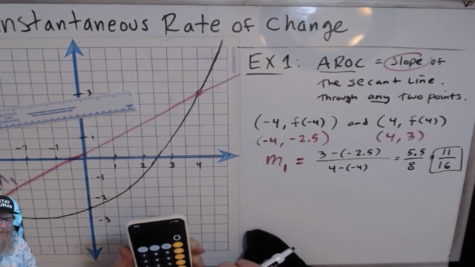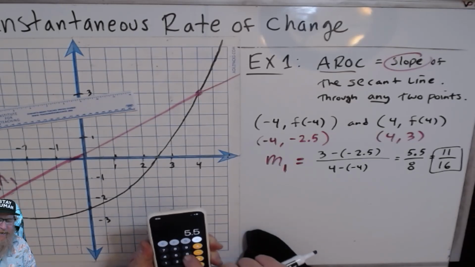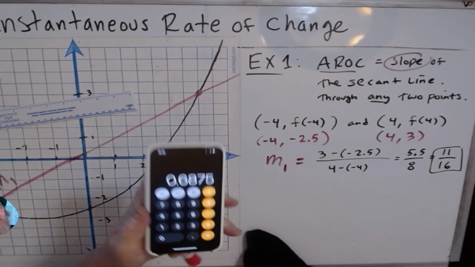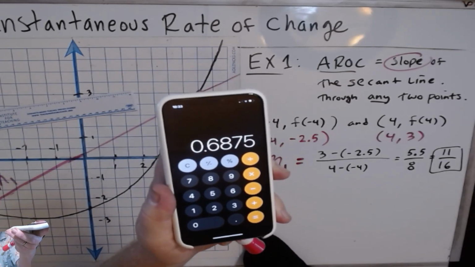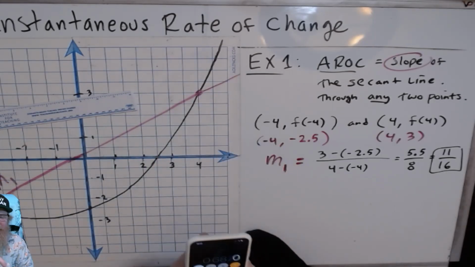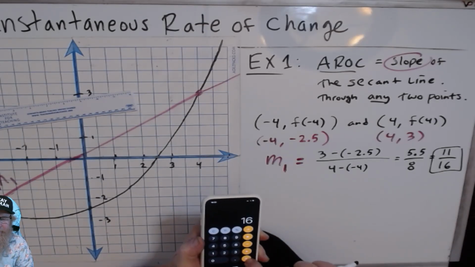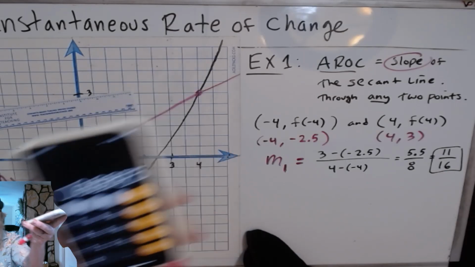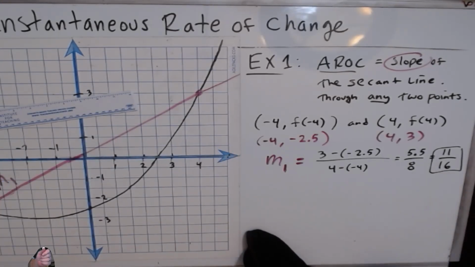But let's go ahead and do it on a calculator. 5.5 divided by 8. It's not that terrible. So as a decimal, it's 0.6875, or as a fraction, 11/16. I like exact values whenever possible, so I'm going to go with that one.